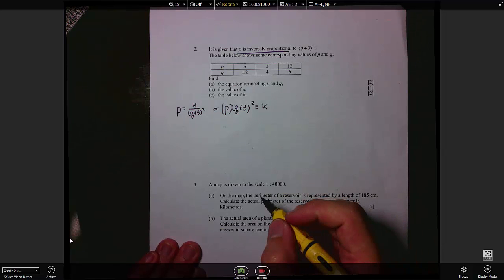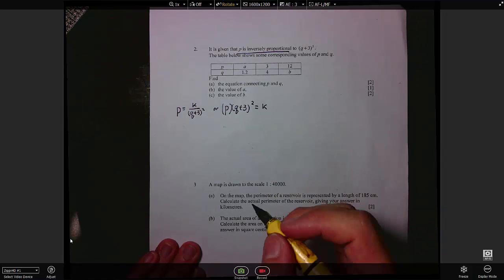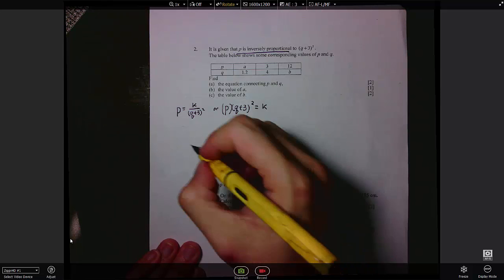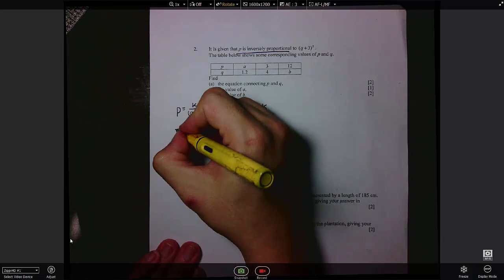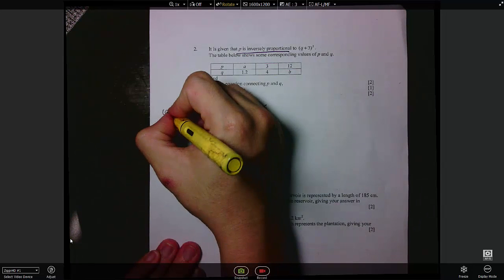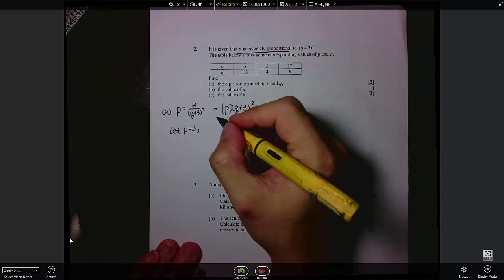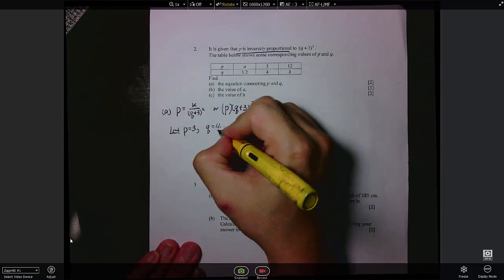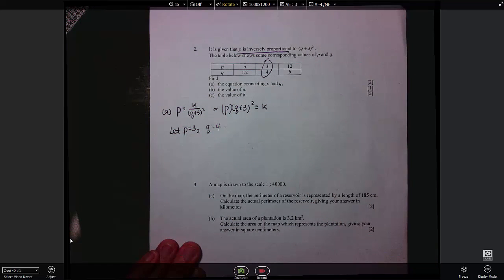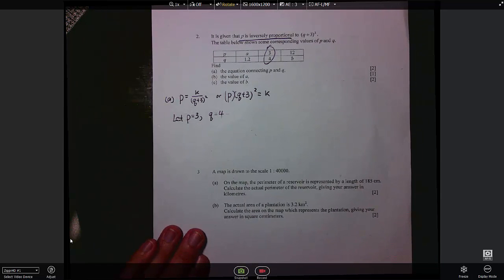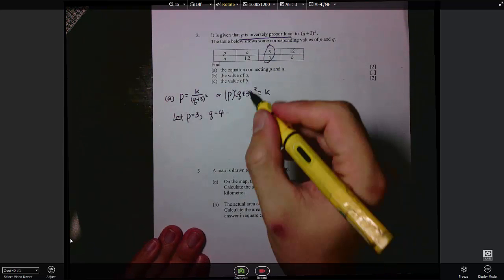Now, next thing is we have to find the value of k, just like question 1. So first I say that, okay, this is part A. So I'll let p equals to 3 and q equals to 4. Where I get that? I get them from here. So p equals to 3, q equals to 4.